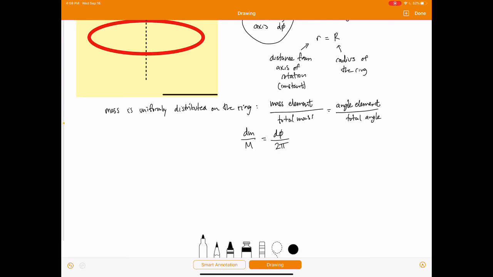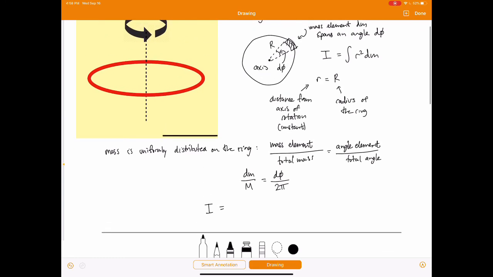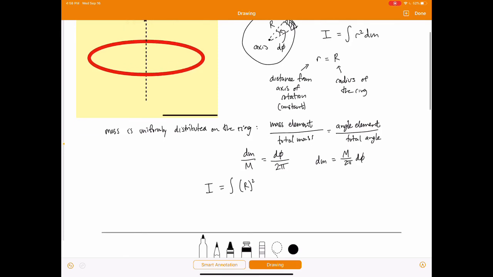So therefore, when I set up the integral, which again is I is equal to r squared times dm, big R, the radius of the ring, goes in for r. And then for dm, I forgot to write this, but dm is equal to M over 2 pi times d phi, according to what we just did. So make that substitution. We have big M over 2 pi times d phi.